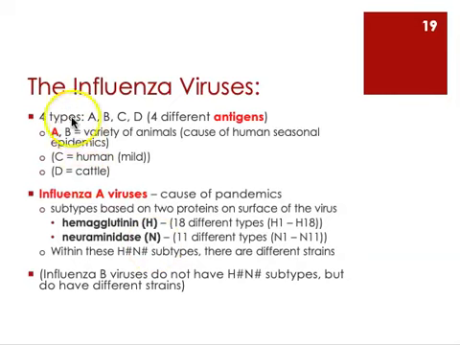Remember, influenza type B can also cause disease in humans, but we don't give influenza B the H1N1 naming system. There are different strains of influenza B, but it just doesn't cause the kind of disease that we see with influenza A, so it's named much differently.